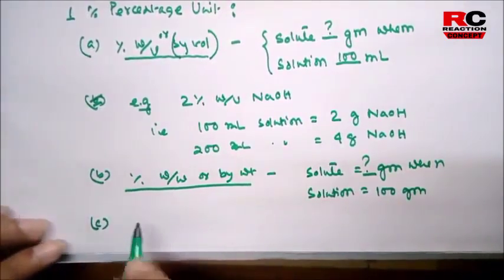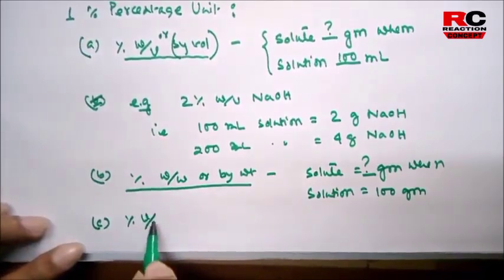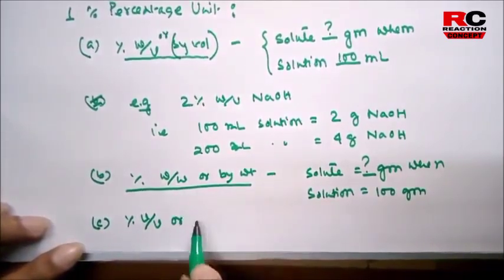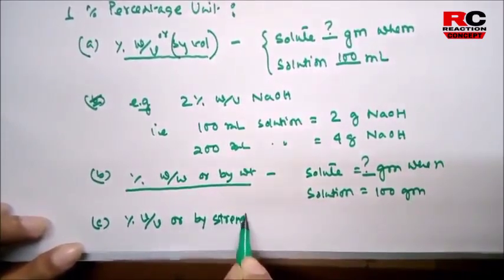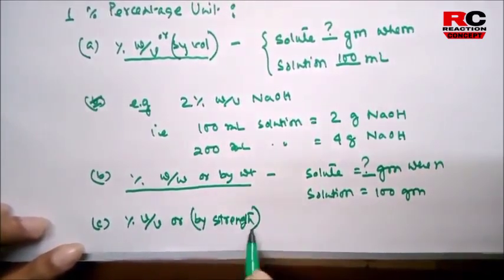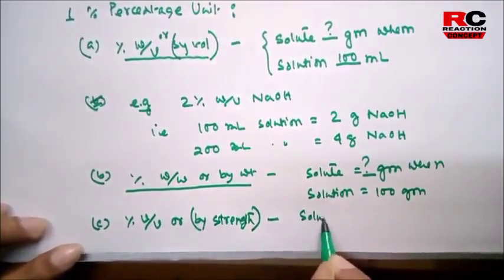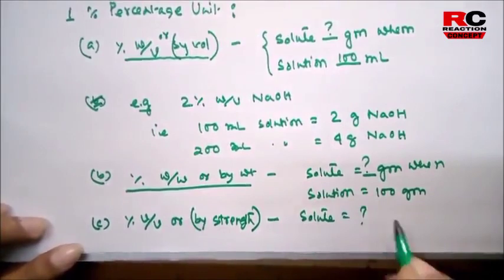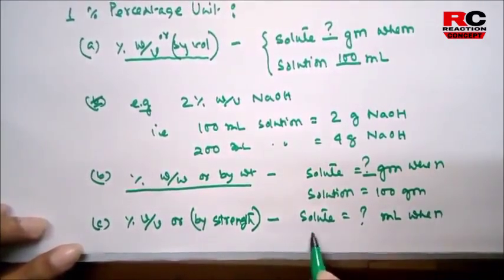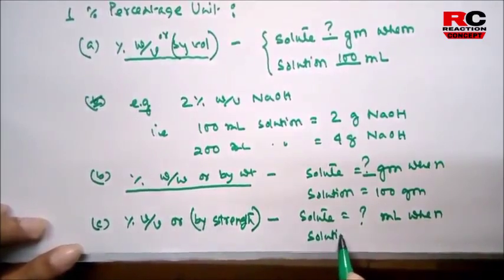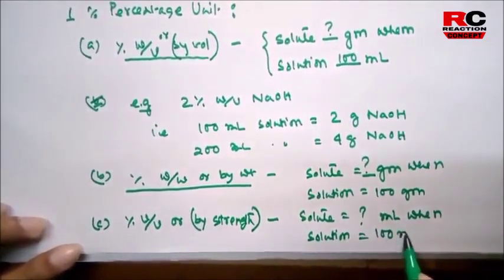Another concentration term is V by V, or volume by volume. This is also known as by strength. So it is the amount of solute expressed in terms of ml in a solution of 100 ml volume.